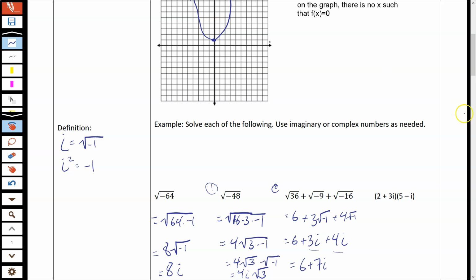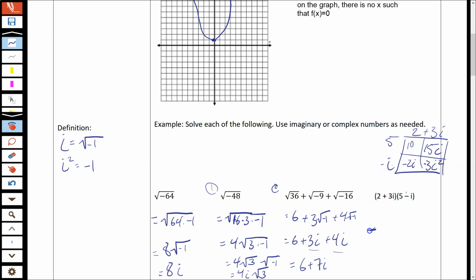We're going to use the fact that we can treat these numbers sort of like x's to tackle this problem over here. This is the product of two complex numbers, and I can actually use a Punnett square to multiply them together, just the same as if they were x's. And then negative i times 3i is negative 3i squared.